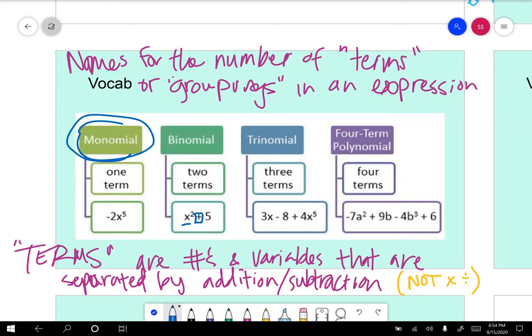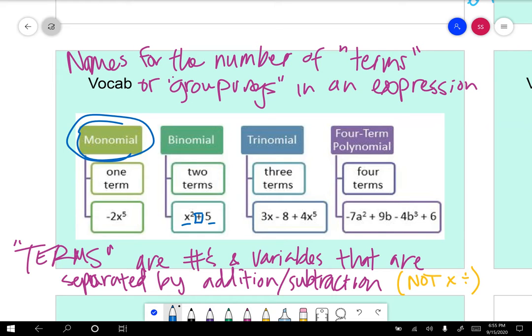So this is one term, this is another term. So the terms are separated by either addition or subtraction signs only. Multiplication doesn't count, division doesn't count, raising it to a power doesn't count, taking the square root doesn't count. It's only addition and subtraction that separate terms.